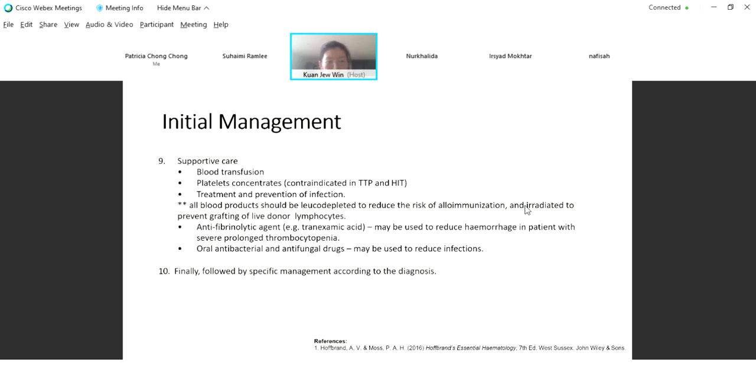So better not to specify oral, because if the patient is in septic shock, are you going to give oral? So under your supportive care, instead of oral, you better delete the word oral. Okay, continue.